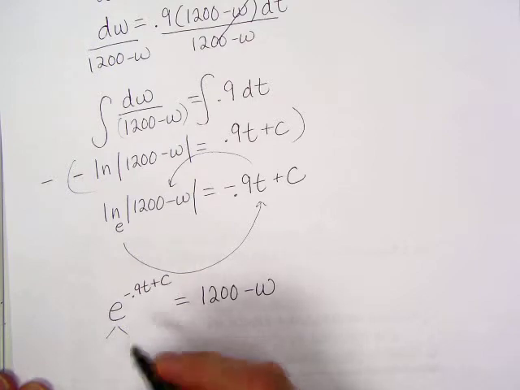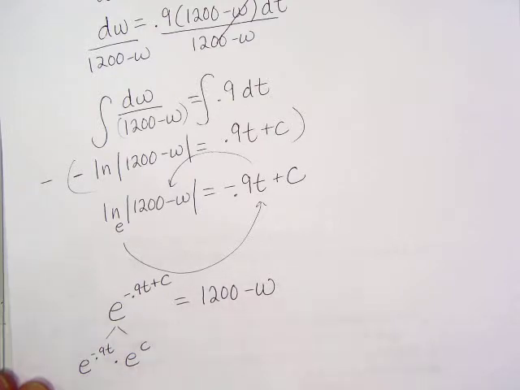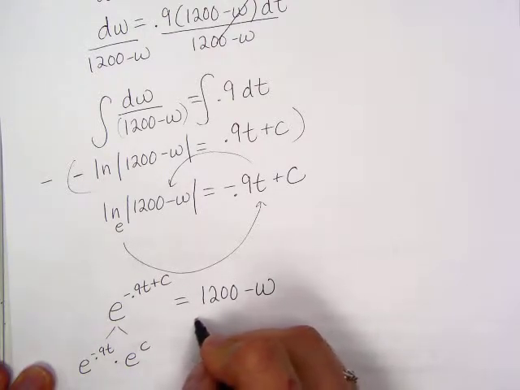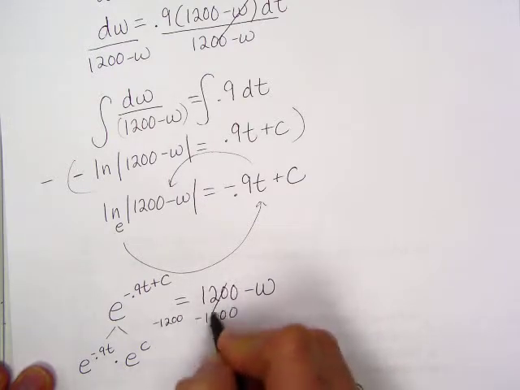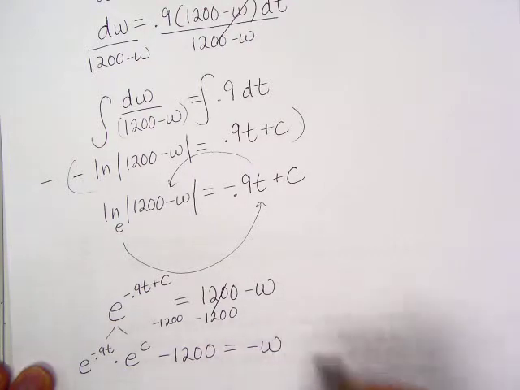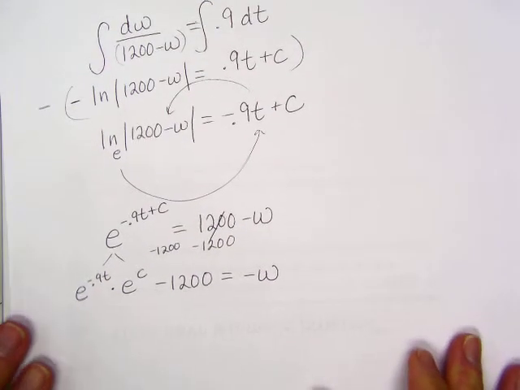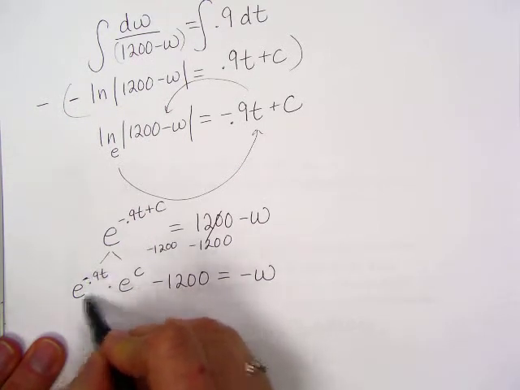Then this usually gets broken up into 2 powers of e to the -0.9 t, times e to the c. We'll change that to big C in a minute. Let's go ahead and subtract this 1200 over as well. Minus 1200 equals -w. Okay. Obviously we want an equation for positive w, but we'll take care of this in a couple of steps.